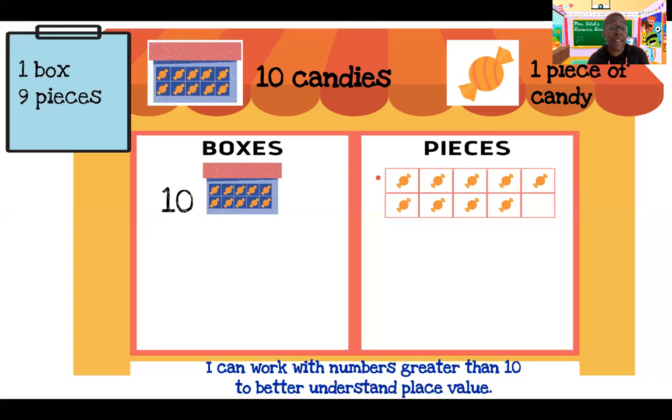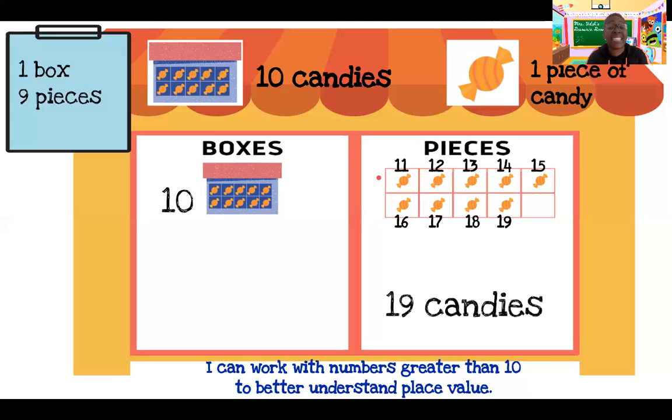Did you say 11? You're absolutely correct. So let's count them out. 11, 12, 13, 14, 15, 16, 17, 18, 19. This means that one box and 9 pieces is 19 candies. Great job, littles.